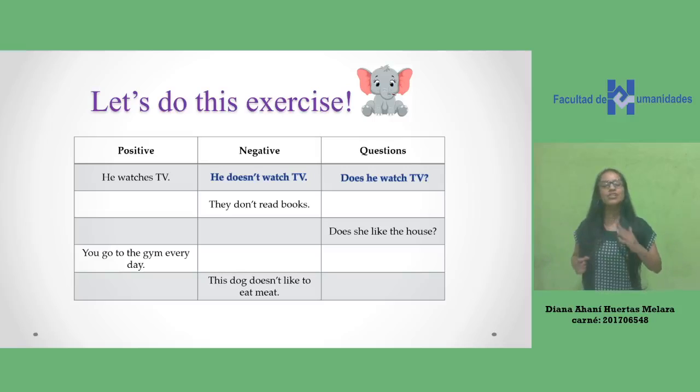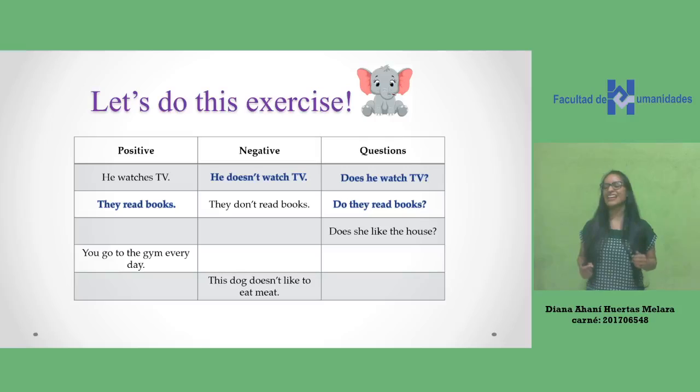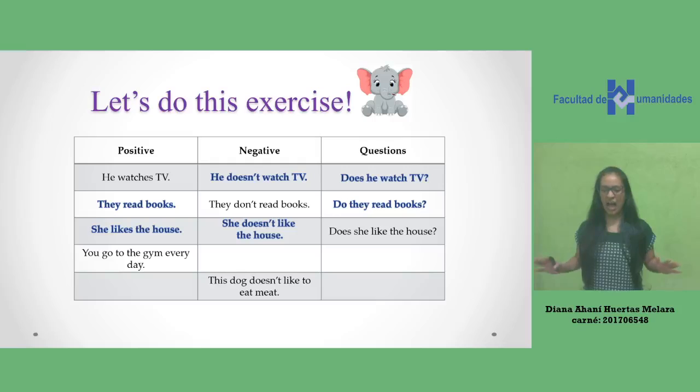So I think the positive should be, they read books, right? Okay. And the question should be, do they read books? Right? Okay. Next one. We have the question and it is, does she like the house? So I think the positive should be, she likes the house. And the negative should be, she doesn't like the house.